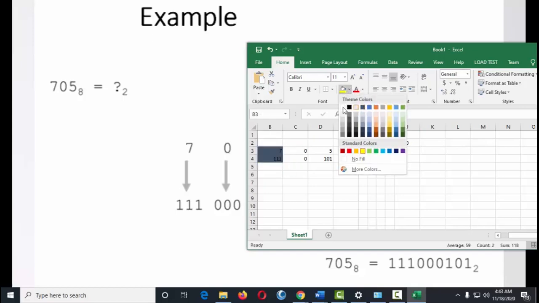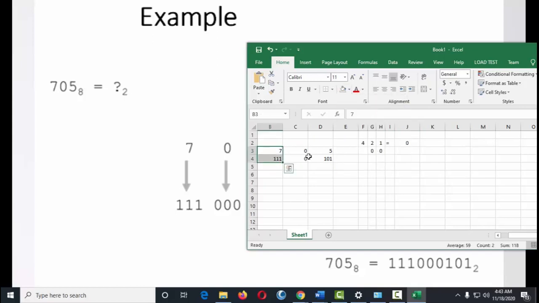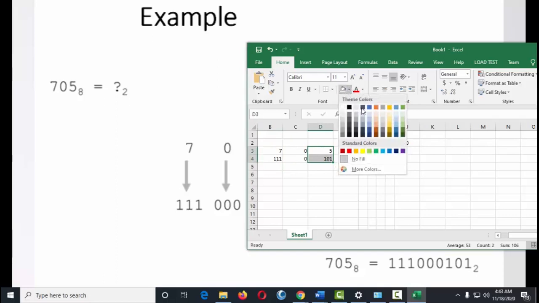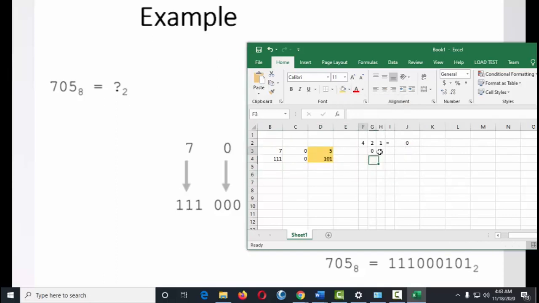So that you will know what I'm referring to. How do you get the 5? You add 4 and the 1. So you have 4 plus 1 equals 5. That's why you have this 101.